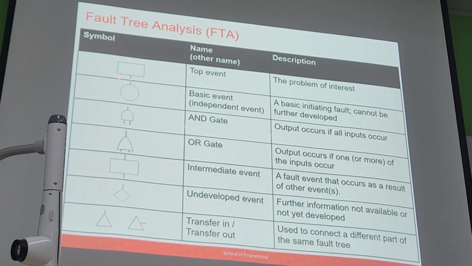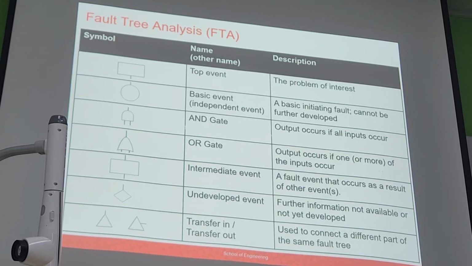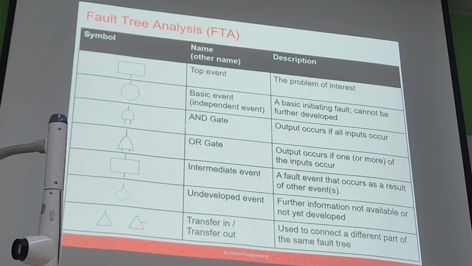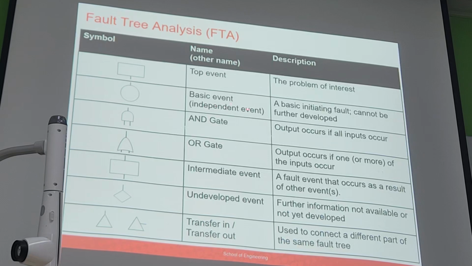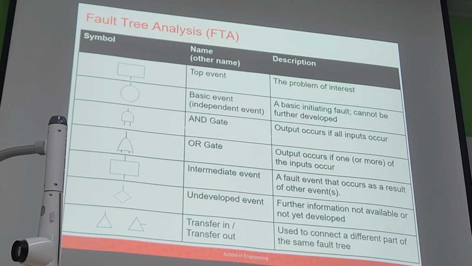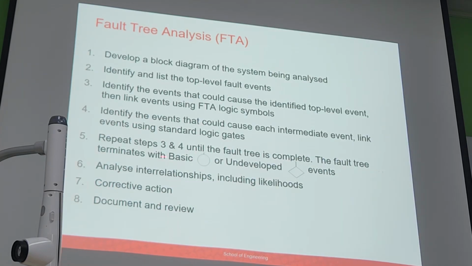So the system starts from here, and the end, maybe the event is this, it means independent event, or undeveloped event, it means finish. So we repeat steps 3 and 4 until we get to the basic or undeveloped event.